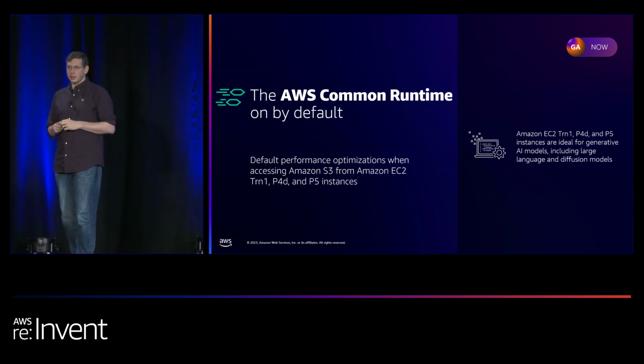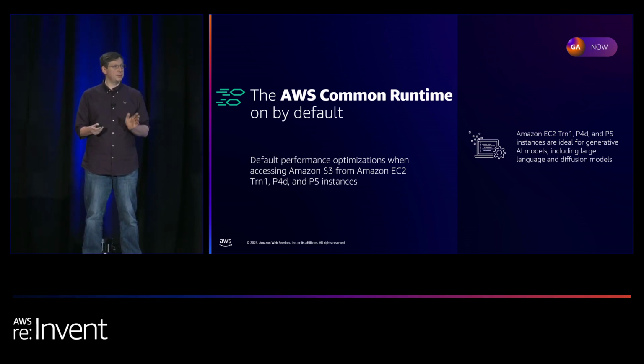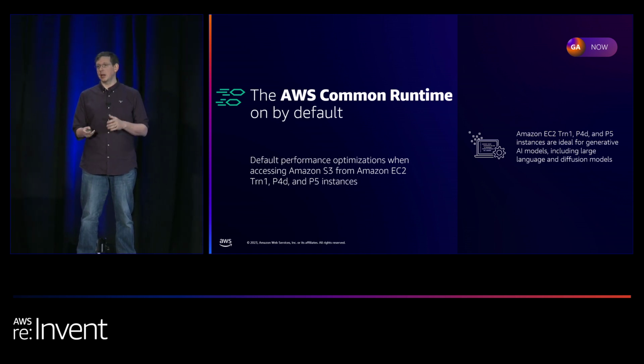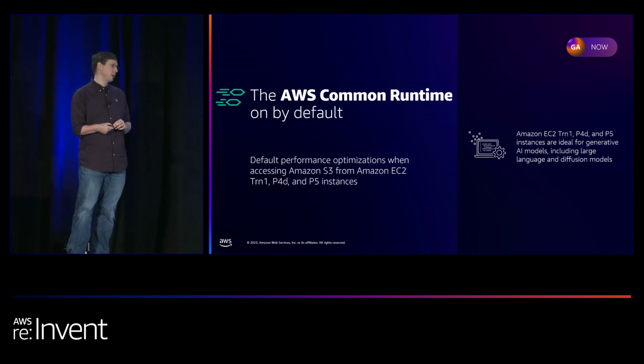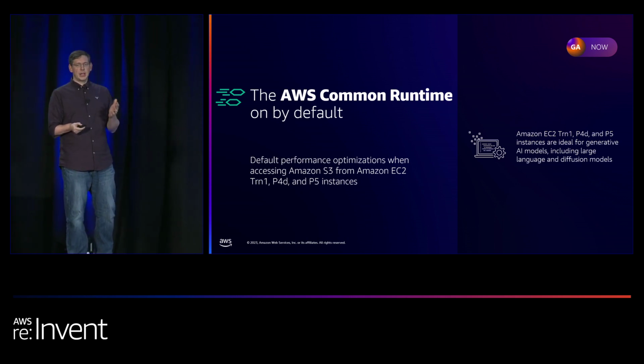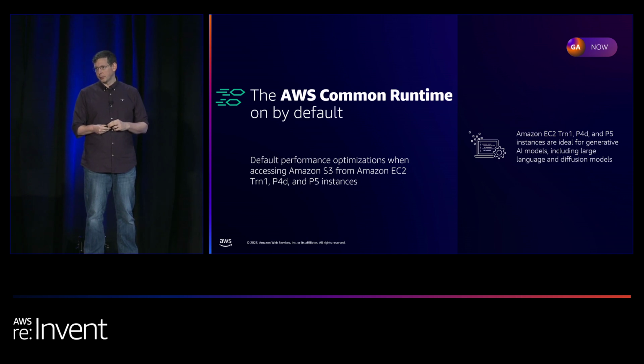In fact, we're so pleased with the performance and the stability of the CRT that I'm happy to announce it is now the default transfer client in the CLI and the Boto 3 libraries on Amazon EC2 Trainium 1s, P4D, and P5 instance types. So in addition to the SDKs and the CLI, where else can we find the CRT being used?